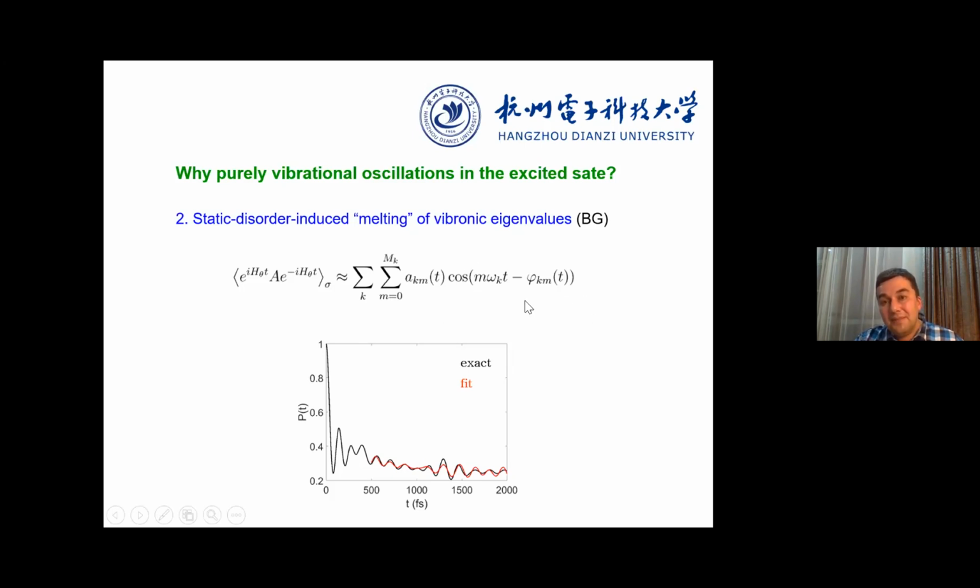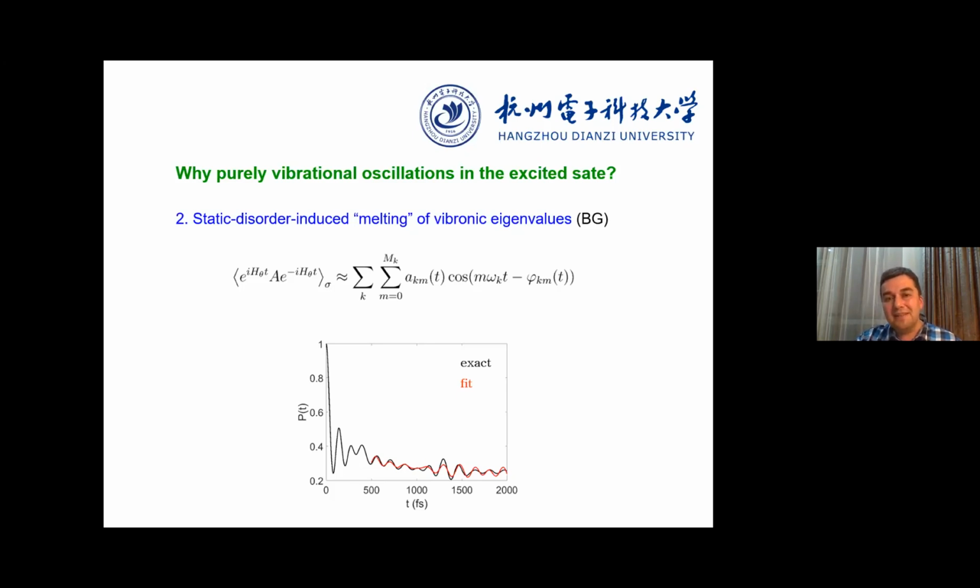So the main contributions will be just from vibrational dynamics, and leftovers of vibronic dynamics will be seen in these coefficients A and phi, which are slow functions of time. This is the reason why this excitonic averaging doesn't kill this oscillatory motion completely.